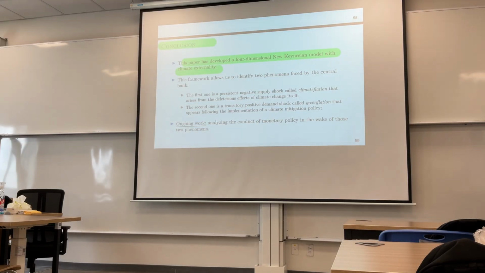And then it also allows us to think about two objects that central bankers are talking about a lot, namely climateflation and greenflation effects. And we're able to quantify them now. We understand how the model was taken to the data, the quantitative analysis, and we learned that these are quantitatively important effects. This is not like 1.1% higher inflation because of climate change.